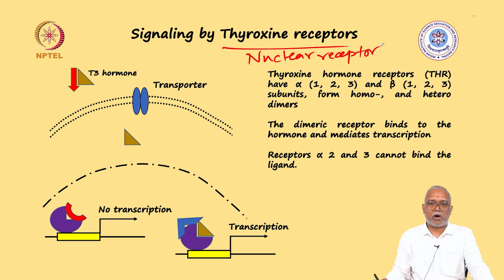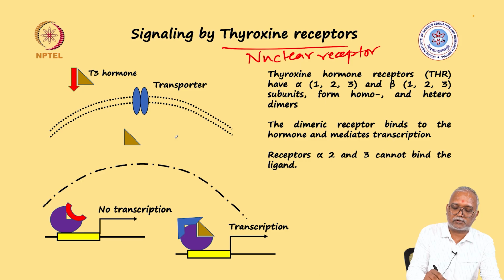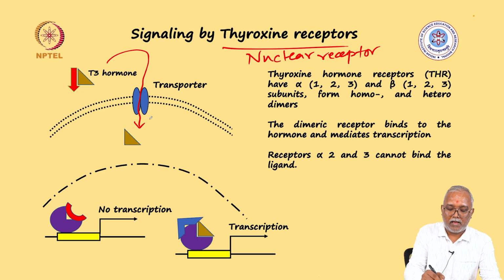Unlike what we saw in the previous two cases where the receptor was present in the cytosol, here the receptor is not present in the cytosol. What happens here is that the T3 hormone uses this transporter and gains entry inside the cell cytosol. This molecule is very small, so it directly enters the nucleus.